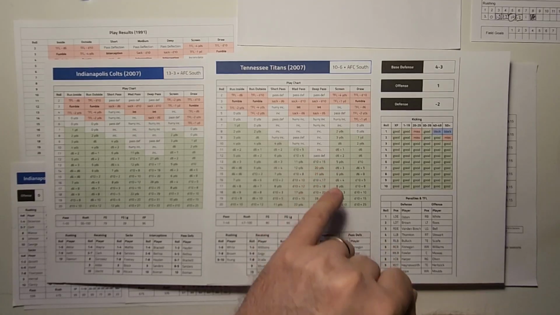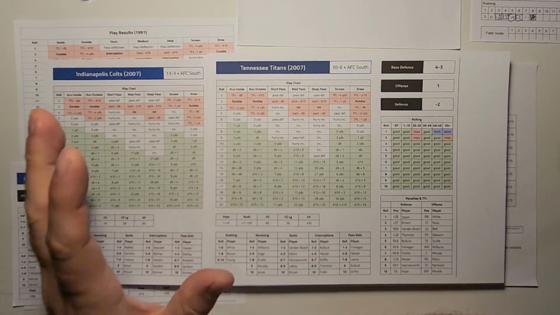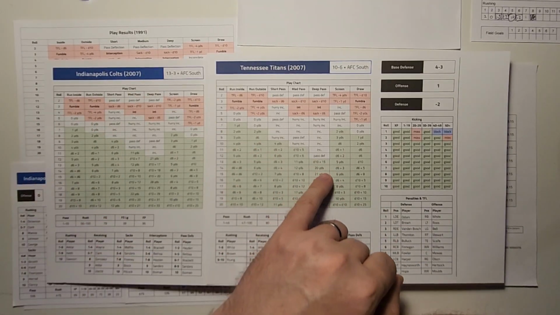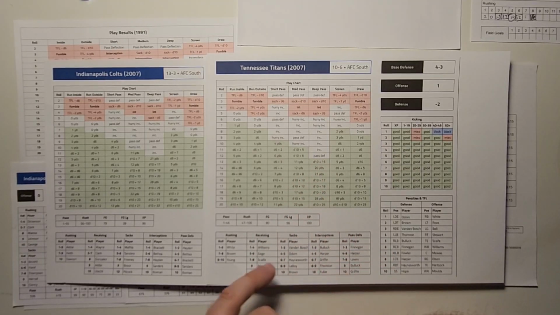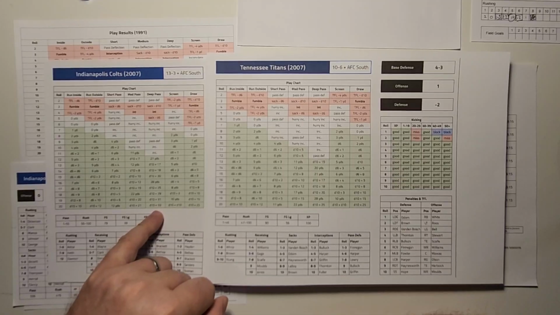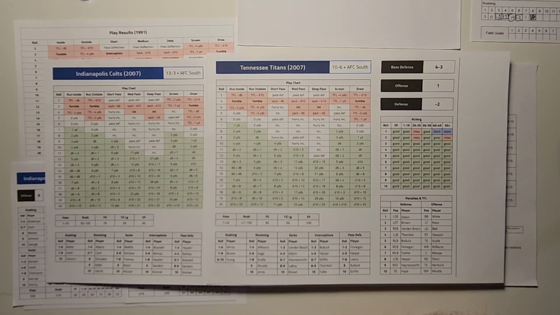The average roll on a D10 is going to be a 5, so 5 plus 15, the average roll is going to be a 20. And then it could be more, it could be less. And then you have a solid 20, 21. On the topmost roll, it's a D10 plus 33, so that's 38 yards. And this one is just 30 yards on their deepest passes. So this is Vince Young. This is Peyton Manning. So a lot of difference there.